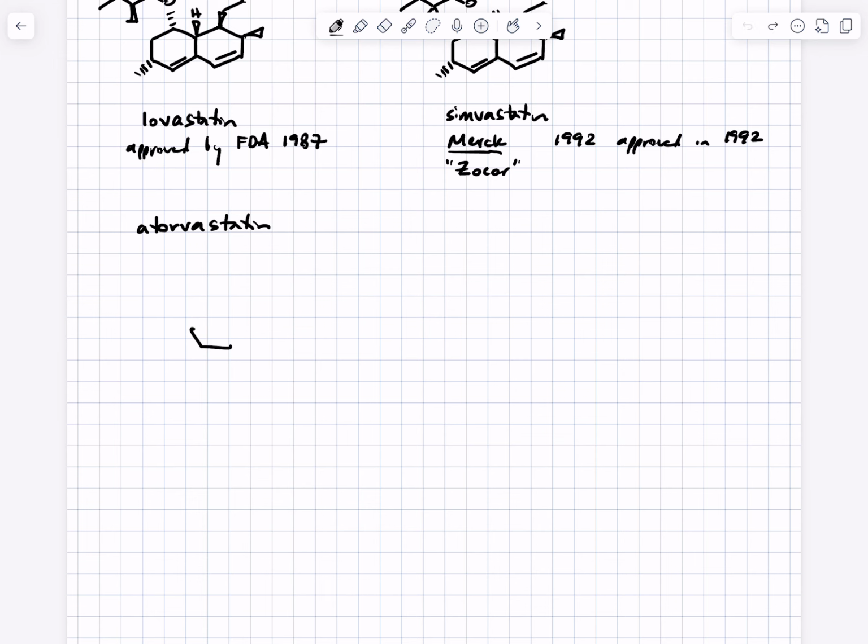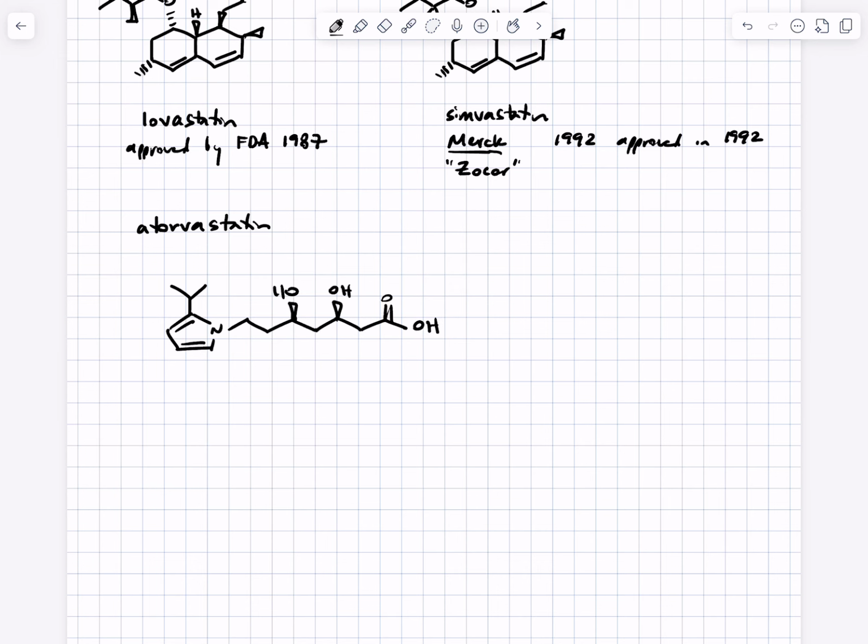Atorvastatin, which I'm actually on, is one of the first drugs that I'm currently taking that I'll tell you about today. It has a 5-membered ring core with a nitrogen, called a pyrrole, and then a branching arm over here with several OH group stereocenters, and then a carboxylic acid.